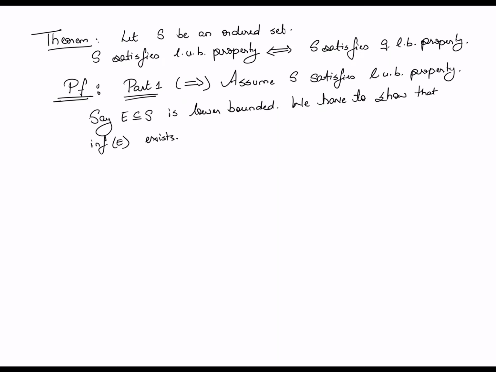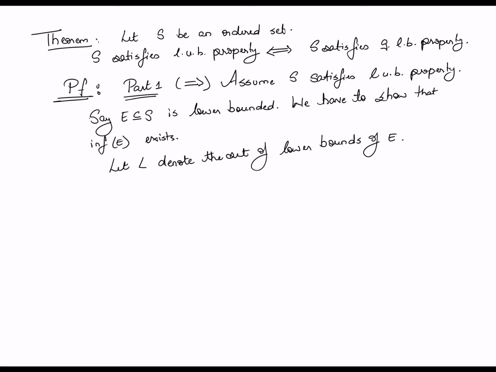Now, how do I go about doing this? This is the way we do this. Let L denote the set of lower bounds of E. Now, why is this set L non-empty? Well, because E is lower bounded.